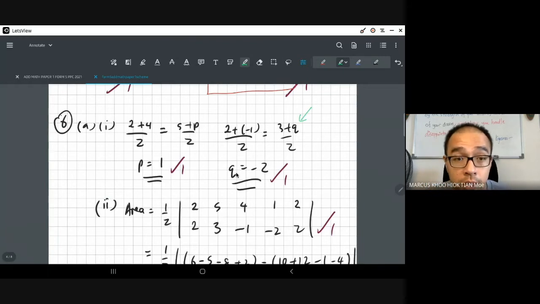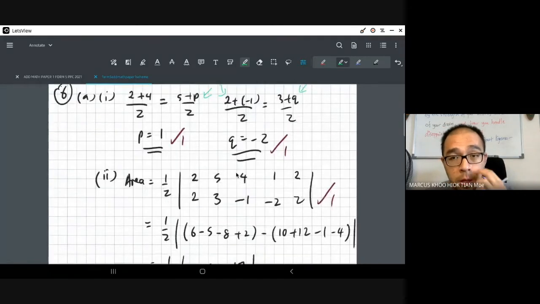But because this is a 2-mark question, there are no marks for any part of this. 1 mark for the value of P and 1 mark for the value of Q. So P equals 1, Q equals -2, and when you get that value, you find the area. So what happens if your number 1 answer is wrong, but you use that answer to find the area?